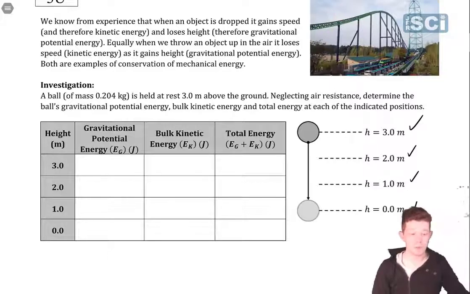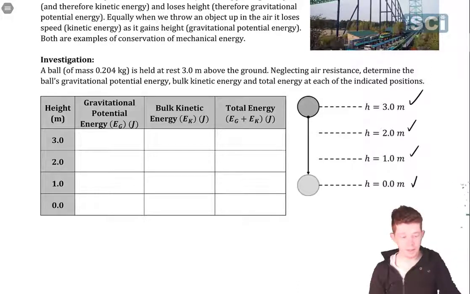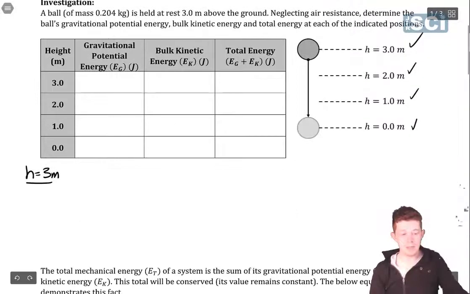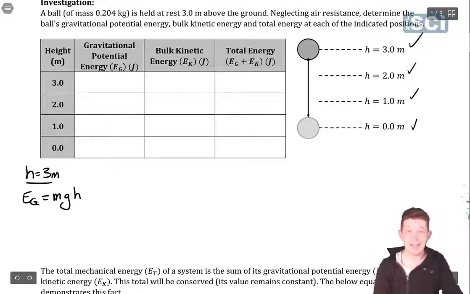Okay, so first of all, let's think about this. At 3 meters, so I'm going to put h equals 3 meters, my gravitational potential energy would be equal to the mass multiplied by gravity multiplied by the height.